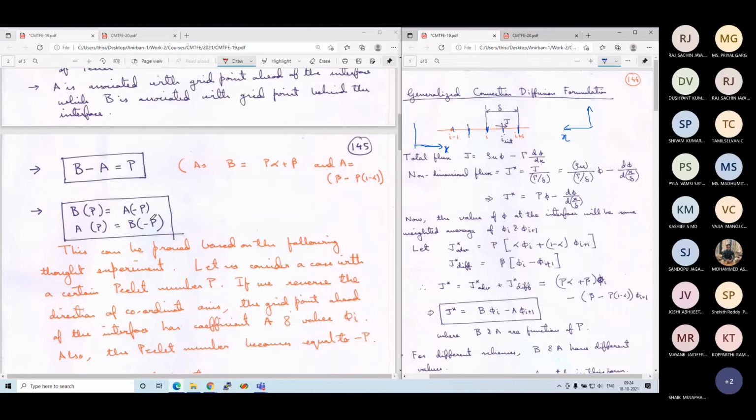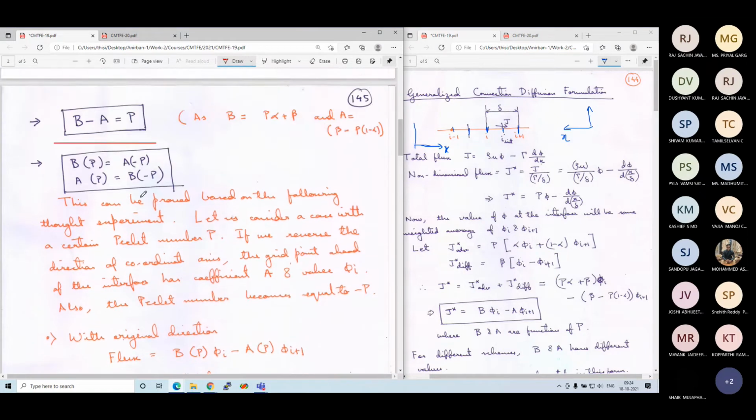Let me explain what it means, and then we will see how it is relevant or useful, because this might be somewhat confusing. The first part I think is okay, this is easy. The second part might be somewhat confusing. So we can do a thought experiment. Let us consider a 1D problem, and in one case we consider that this is the coordinate direction, the positive x direction.